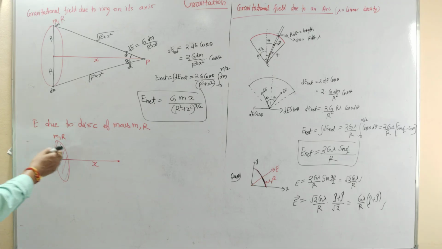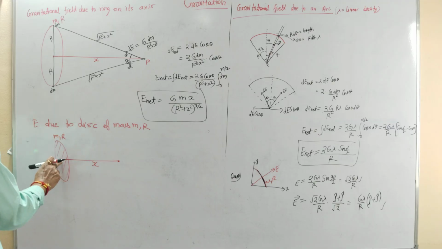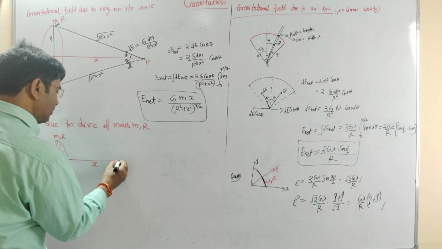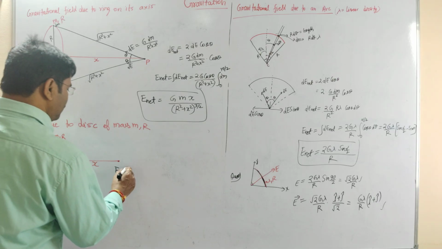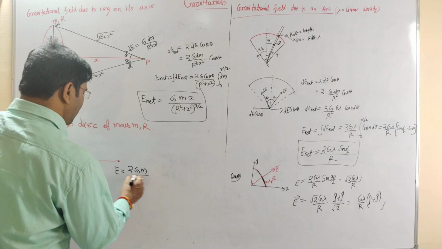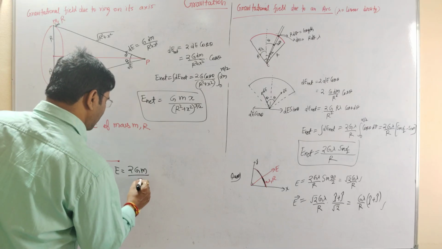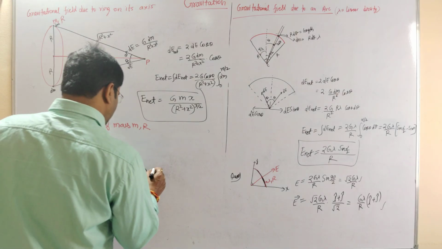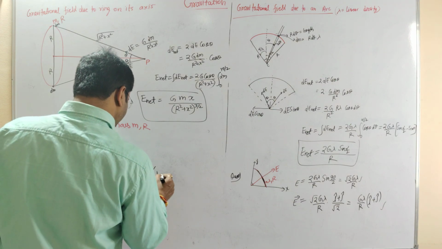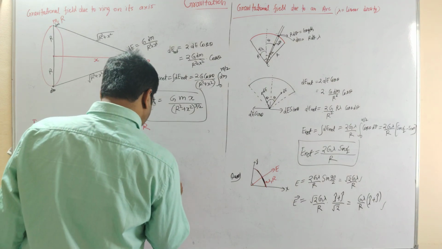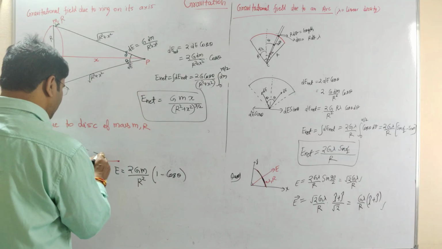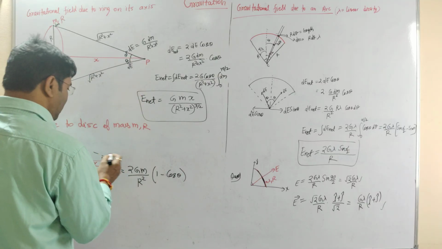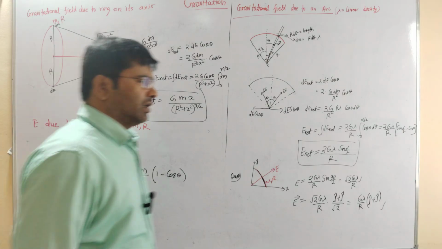Otherwise, we have to imagine many rings from 0 radius to capital R radius, which becomes a disk, so we have to integrate. Only the formula is important here. You can remember this is 2GM upon R square into 1 minus cos theta. What is theta? If you connect this, whatever angle it is making, that is theta. You can remember this answer.